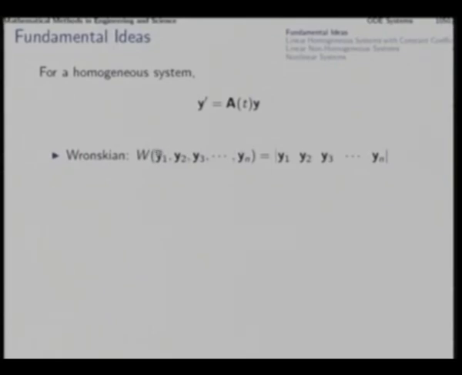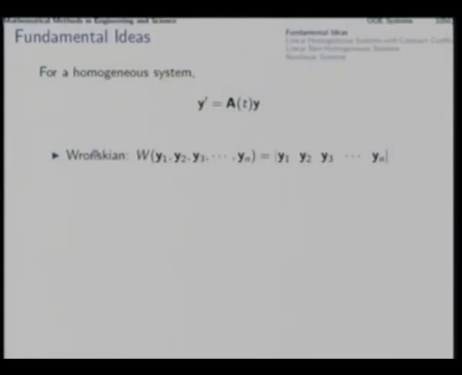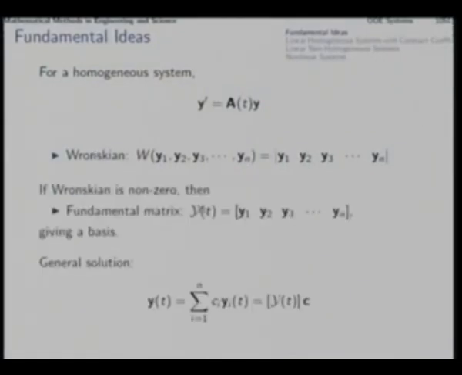These vector functions each have n components. When n such functions are assembled in a matrix, we have an n by n matrix, and the determinant of that matrix is the Wronskian, and that matrix itself is called the fundamental matrix, having these solutions as the columns when the Wronskian is non-zero.